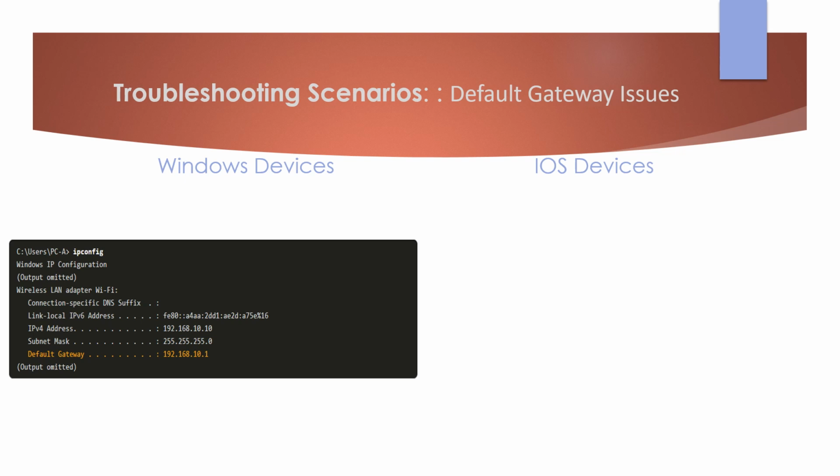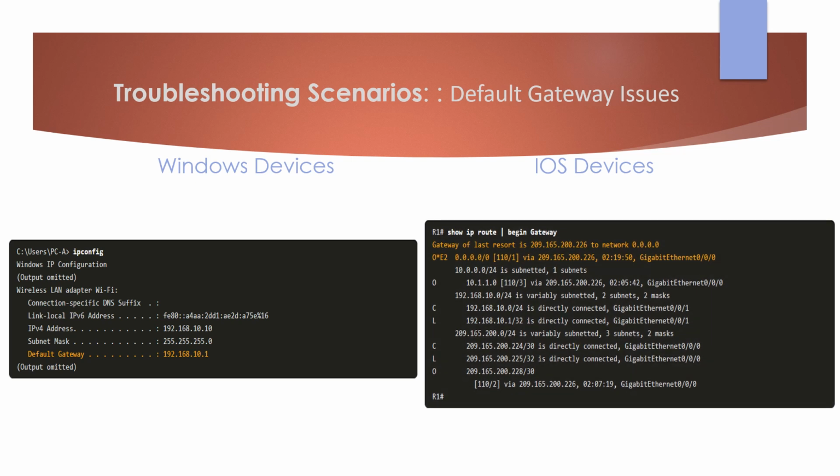This route is used when the destination address of the packet does not match any other route in its routing table. The example shows show ip route, but mostly it is important to look at the line that begins with gateway. The gateway is the last resort for reaching a network.